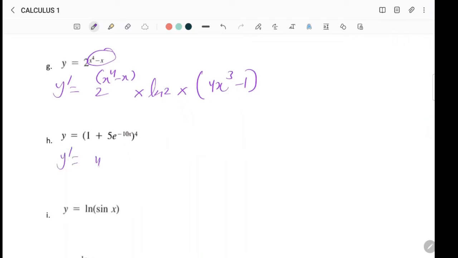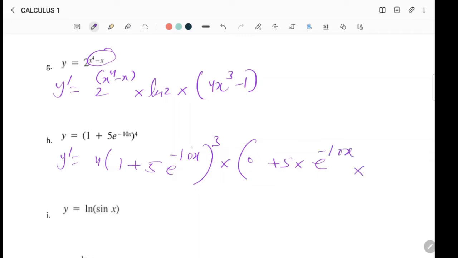And y dash 4 times 1 plus 5 e to the power minus 10x has power 3, then bracket, chain rule, 1 differentiation 0, 5 times e to the power minus 10x times minus 10. Minus 10x differentiation is minus 10.